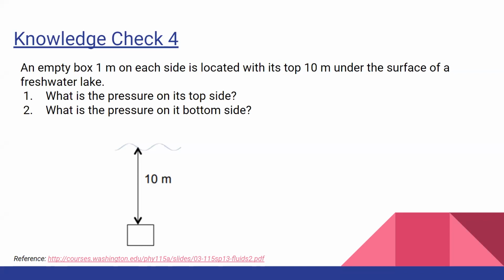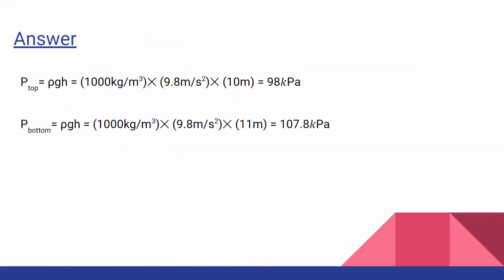And then plus rho GH. So here rho, let's assume it's 1,000. Then we have times G, which is 9.8 meters per second squared. And then we have H, which is 10 meters. So rho GH would be 98 kilopascals or 98,000 pascals.